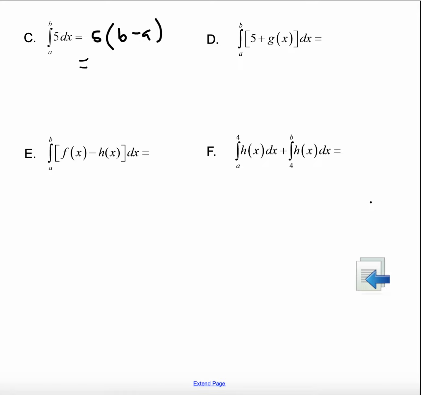Okay, for problem D, we have two properties here. First of all, we have the addition of two functions. We could take the integral independently of each function, 5 and g of x. If we do that, we get the integral from a to b of 5 dx plus the integral from a to b of g of x dx.